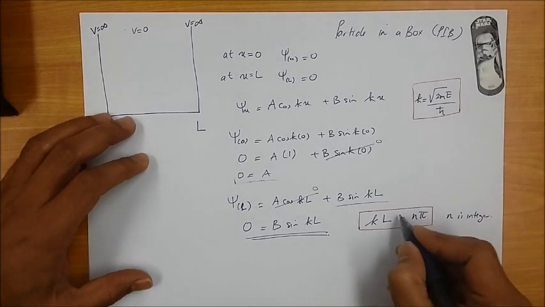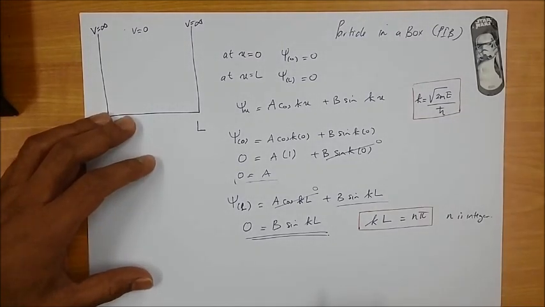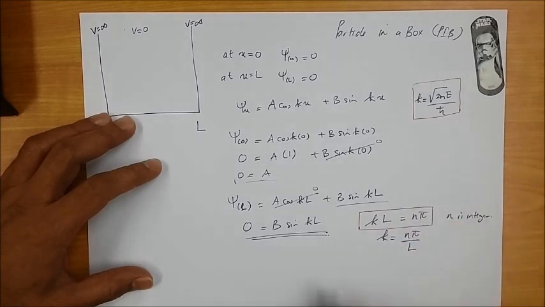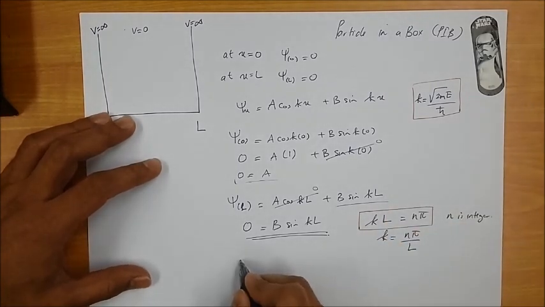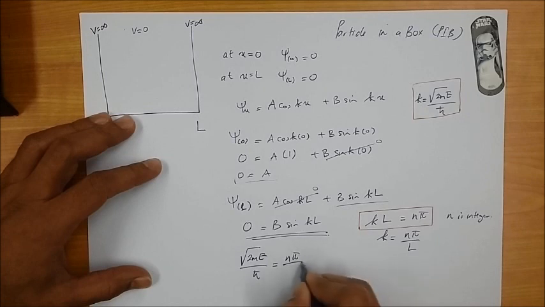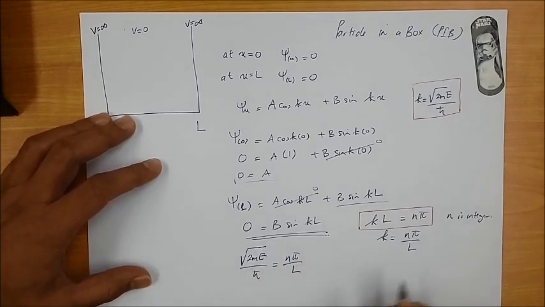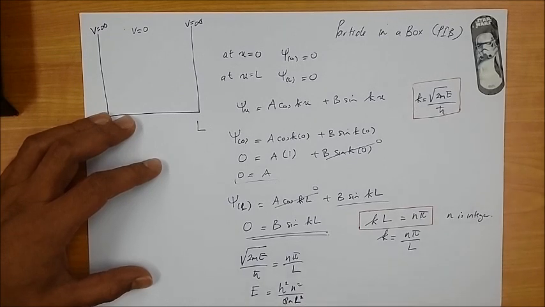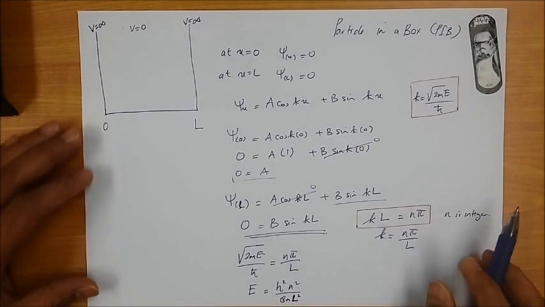Now finally, when we substitute this k, k is equal to n pi over L, and if we put these two together, the square root of 2mE over h bar is equal to n pi over L. So the description of the energy will give us h squared n squared over 8mL squared. Okay, and if you solve this, you will get this term.